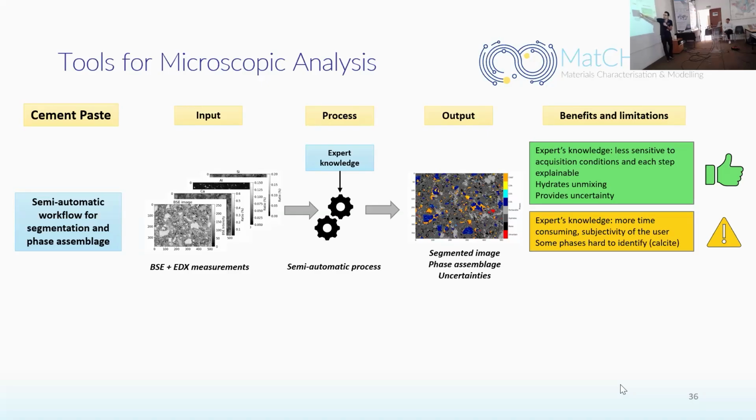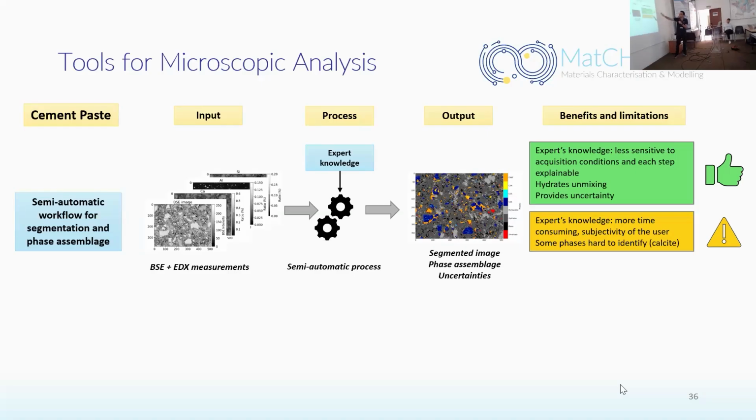And then this interpretation creates the segmented images with quantification of each phase inside this image, which is a quantity of interest to characterize the cement samples, and then to associate with possible physics-based models to explain the evolution of the cement paste.